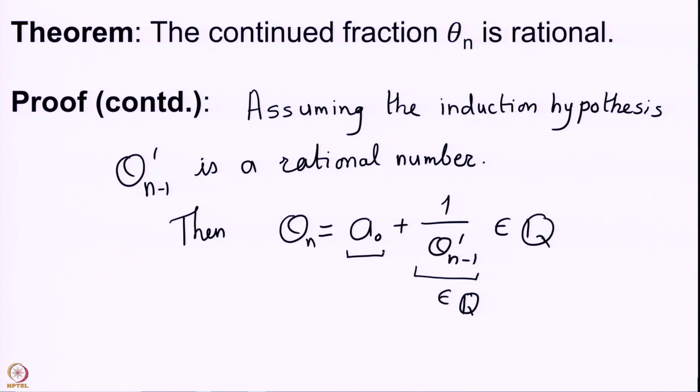So ultimately the number that you get, theta n, also has to be a rational number. So, by the induction hypothesis, whenever the result is true for n minus 1, the result is true for n.